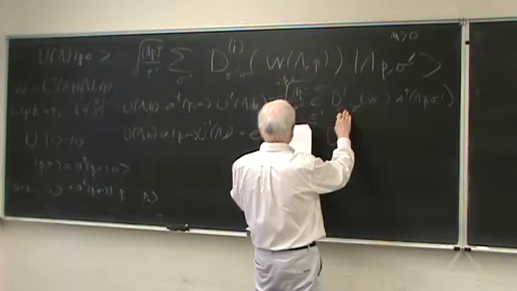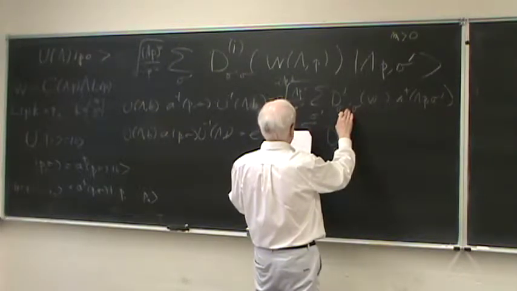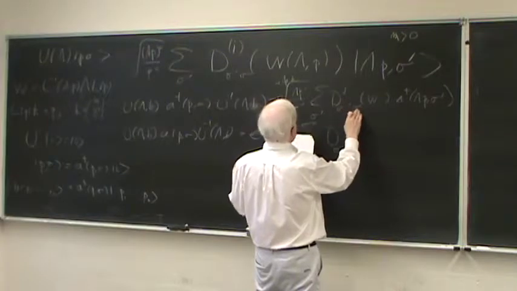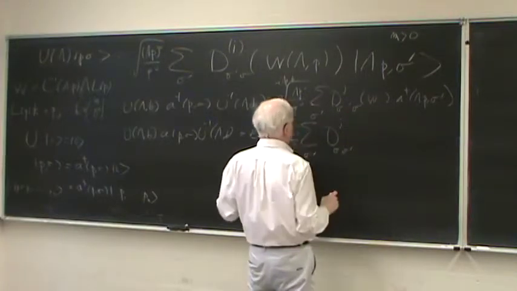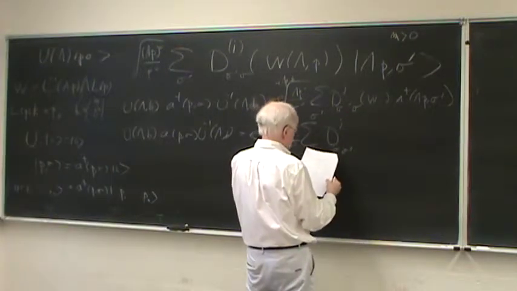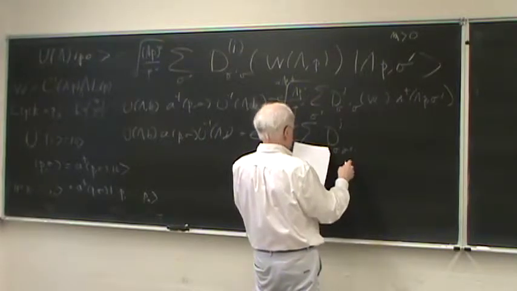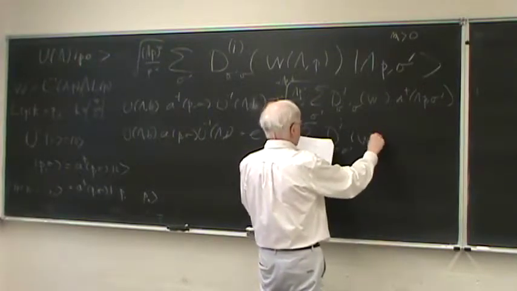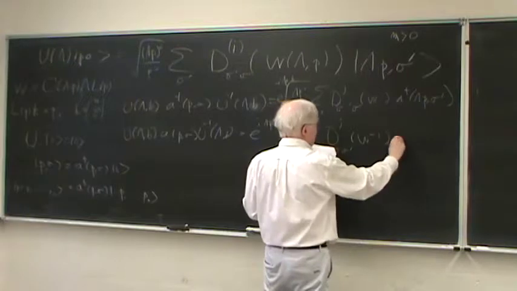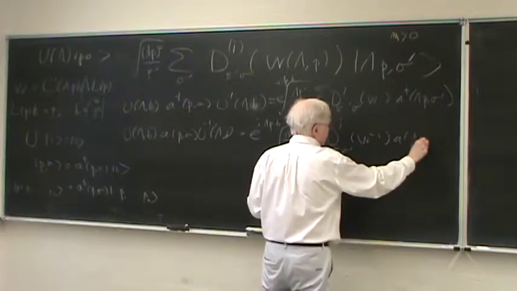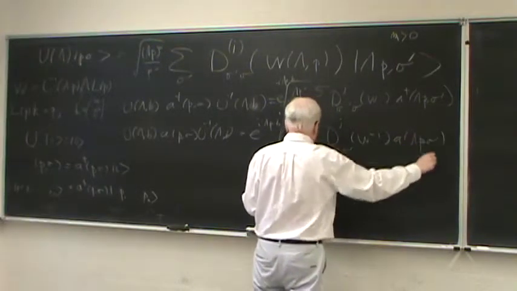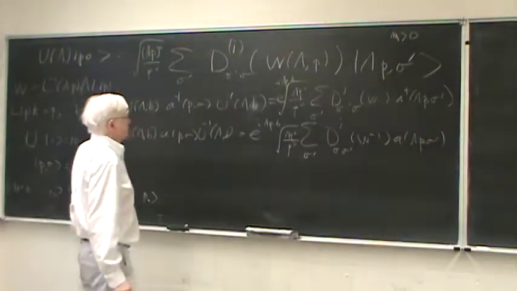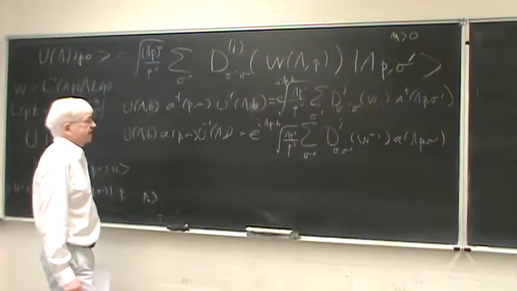This was sigma sigma prime, actually. Wait a minute, it's sigma prime sigma initially. Right, okay, I shouldn't be skipping equations here. W inverse, a of lambda p sigma prime. I don't know, maybe I shouldn't have skipped.